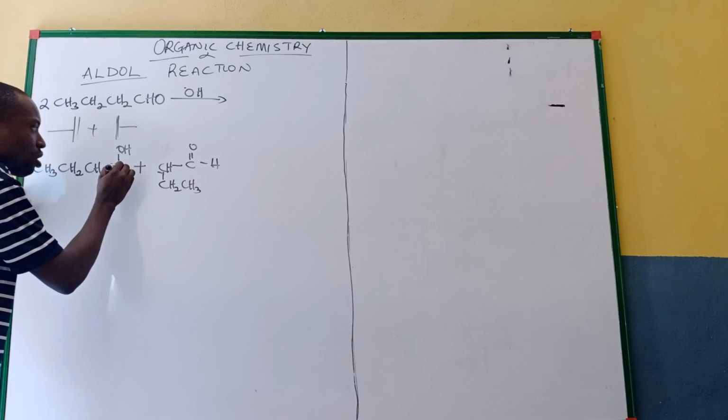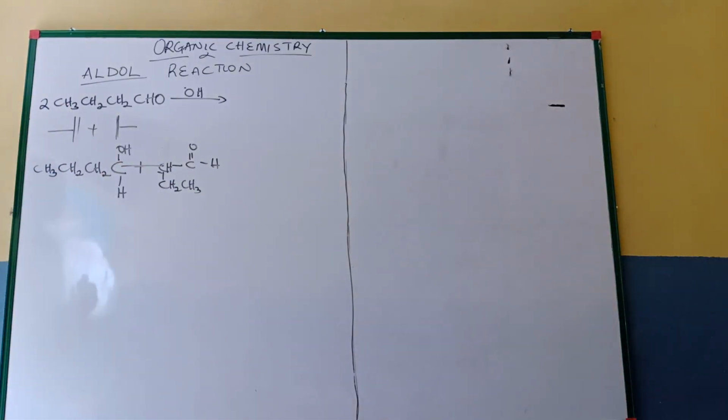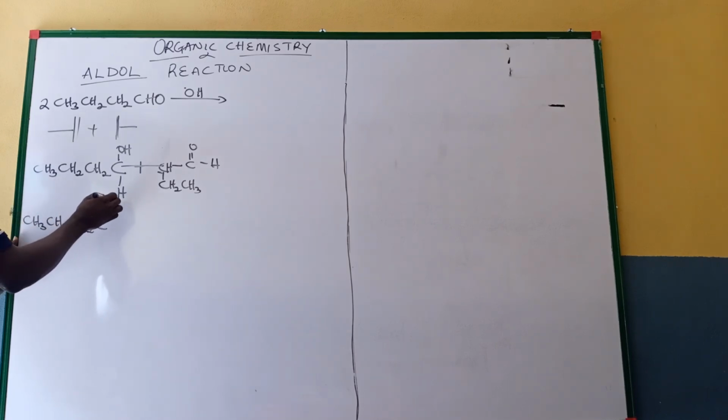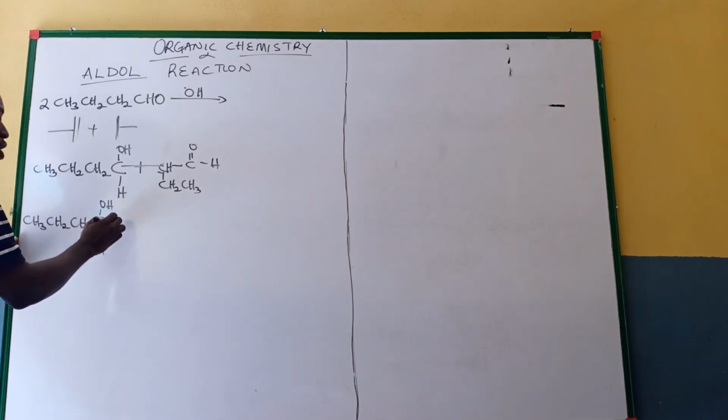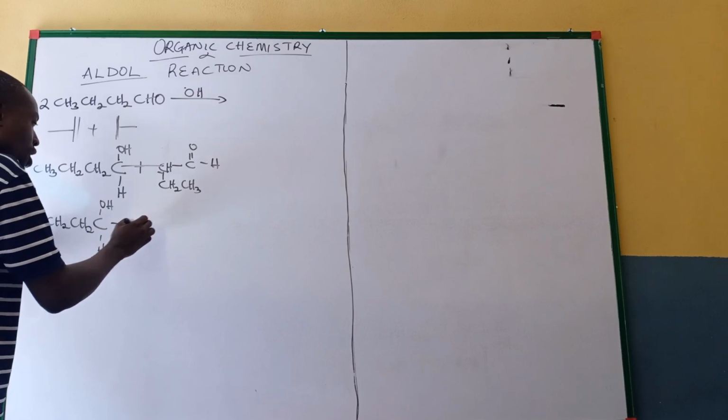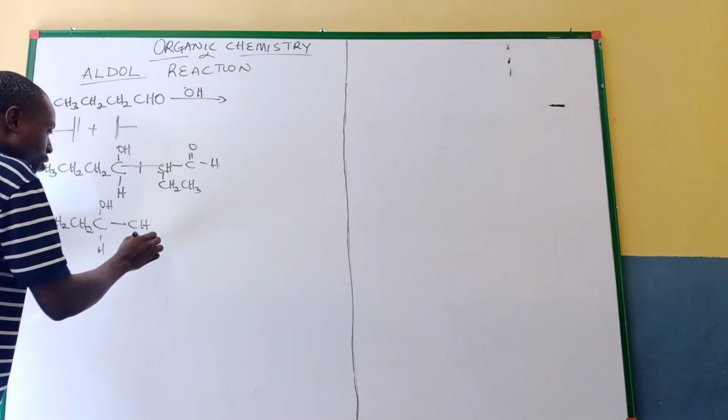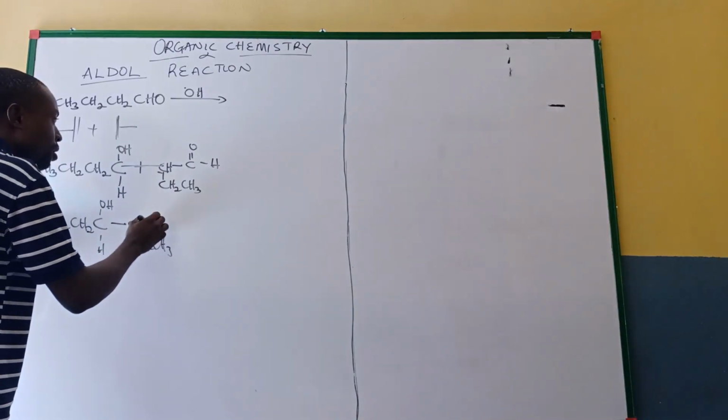Then afterward, the two join together. Very simple. So here becomes CH3, CH2, CH2, then move straight down to this OH, H, then C, H, then CH3.